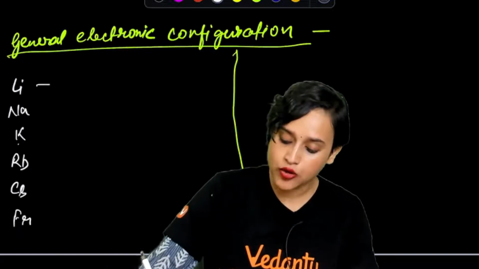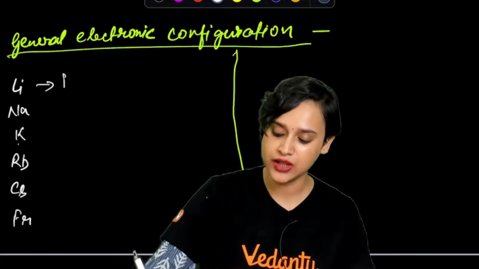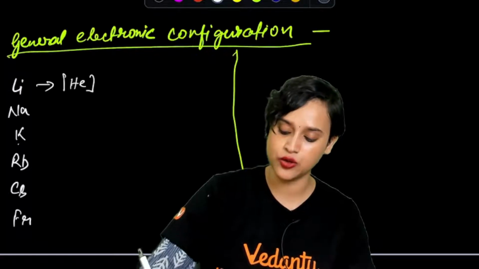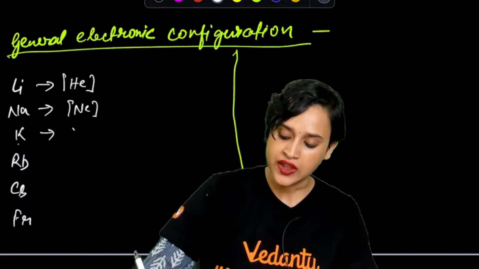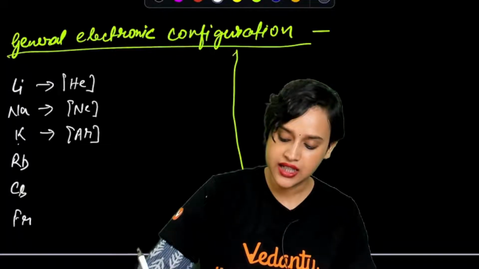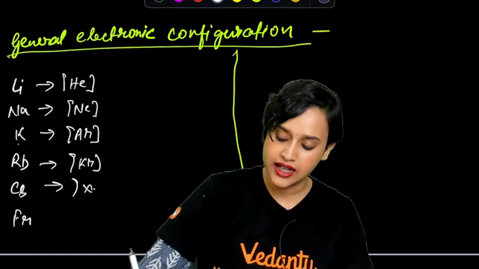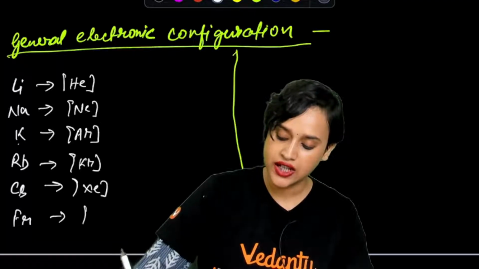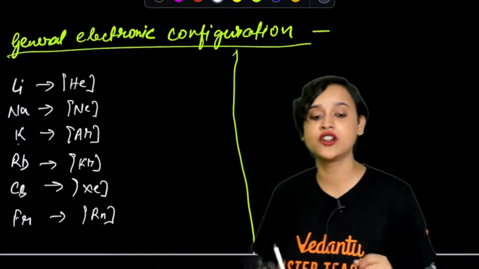Anyway, how do we write the electronic configuration? We write the noble gases first. So what are the noble gases? We have helium, neon, argon, krypton, xenon, and radon.